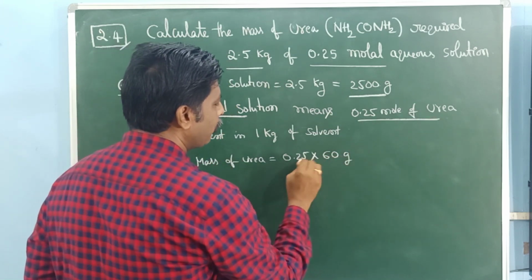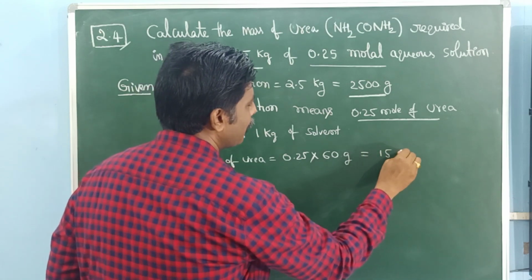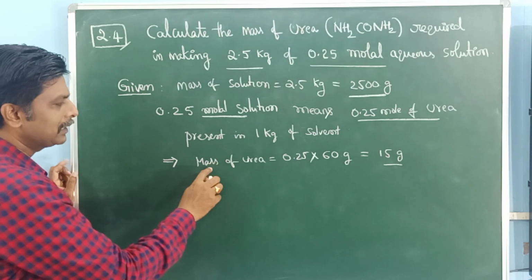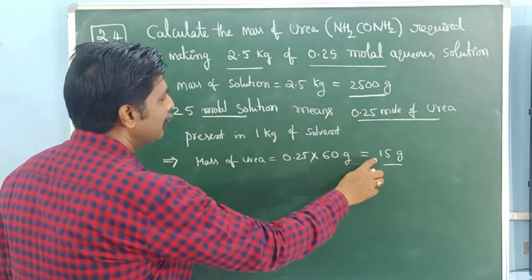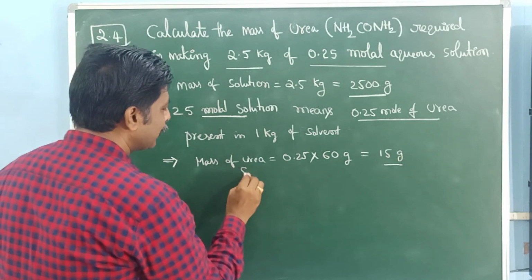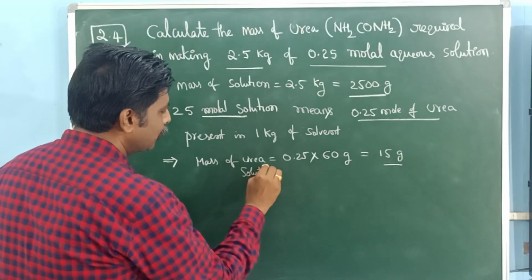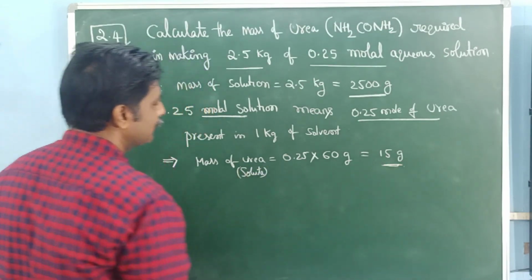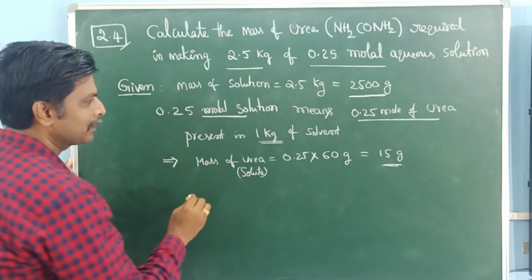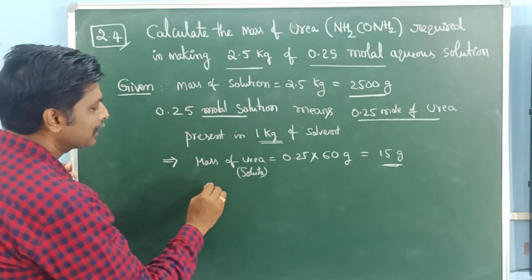Therefore 60 into 0.25 is 15 grams. 15 grams is the mass of urea present in 1 kg of solvent. So mass of solute is 15 grams. Mass of solvent is 1 kg, that means 1000 grams. That means mass of solution.